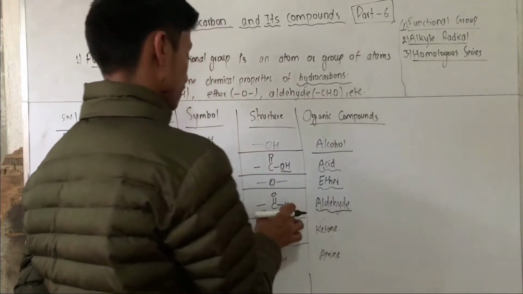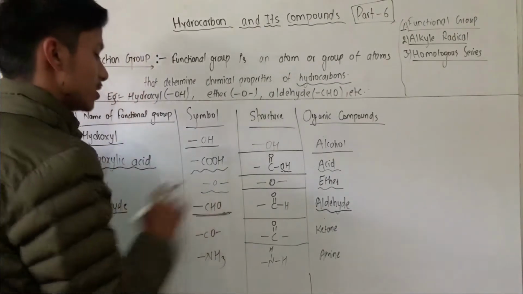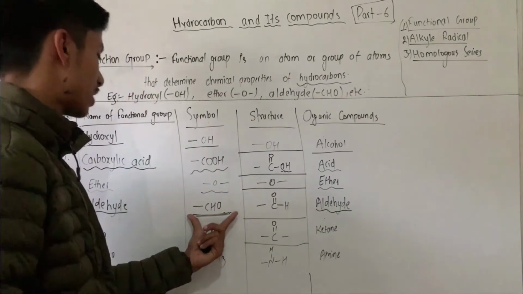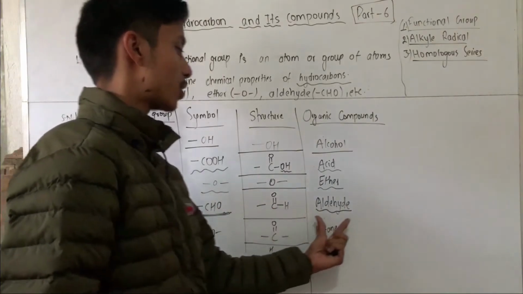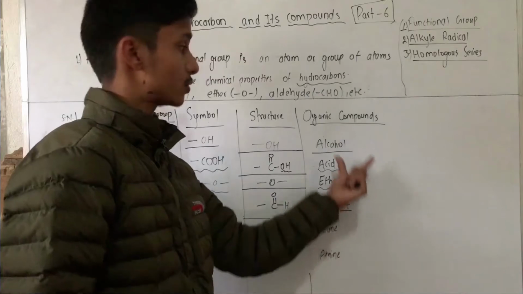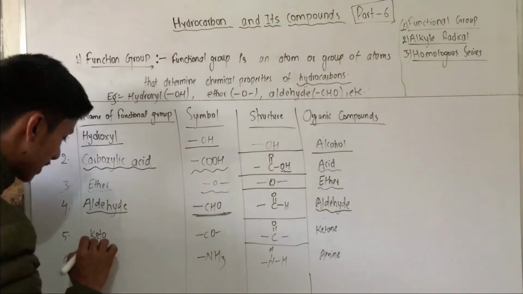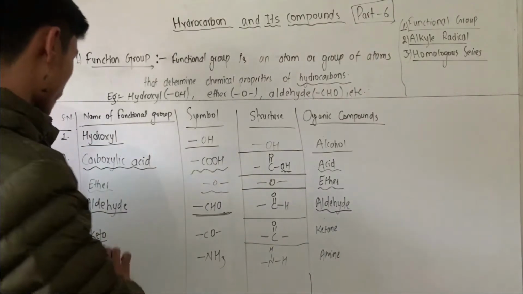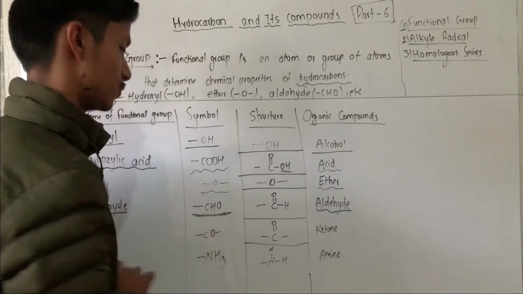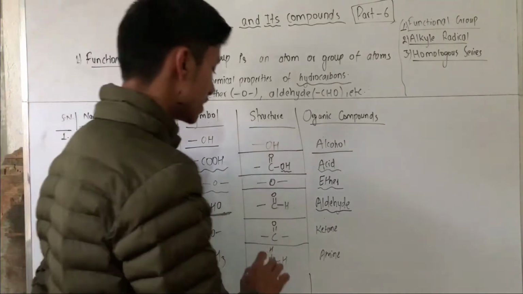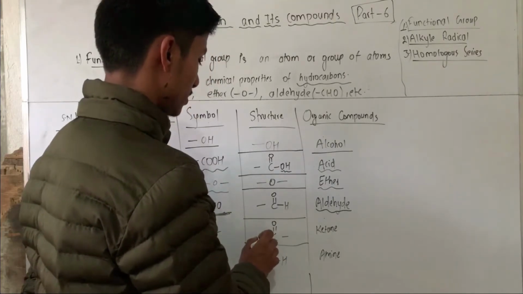If this is present in the molecular formula of any compound, then we understand that such a compound is aldehyde, but the compound should be organic. Okay, and in fifth number, keto. Its symbol is CO. Similarly, its structure is C double bond O, with a single bond on this side and this side.